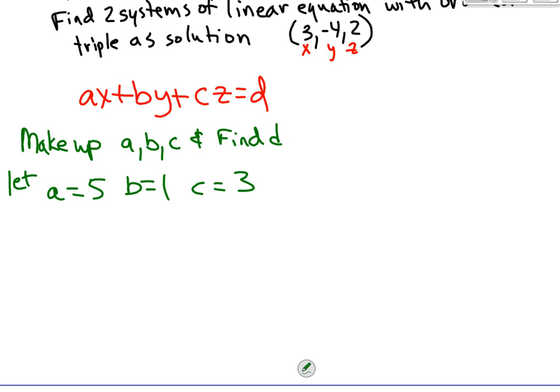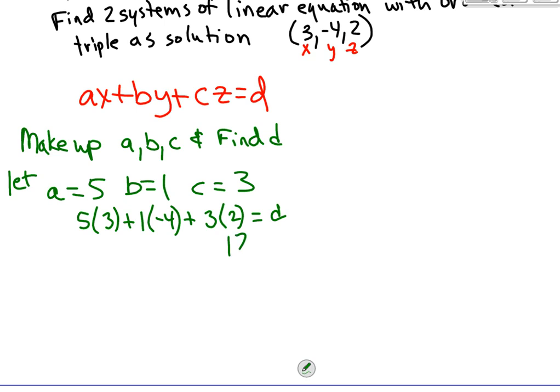So X, Y, and Z. So that means 5 times 3 plus 1 times -4 plus 3 times 2 is equal to D. So figure out what D is equal to. 17.